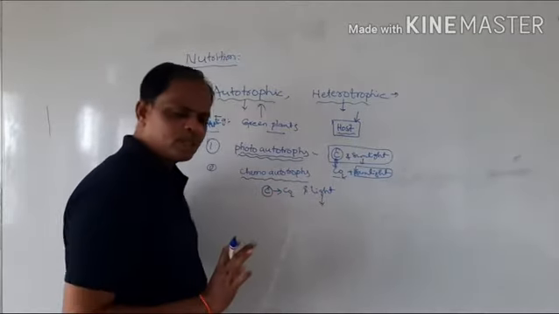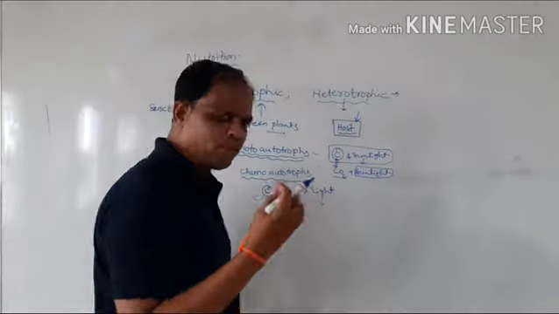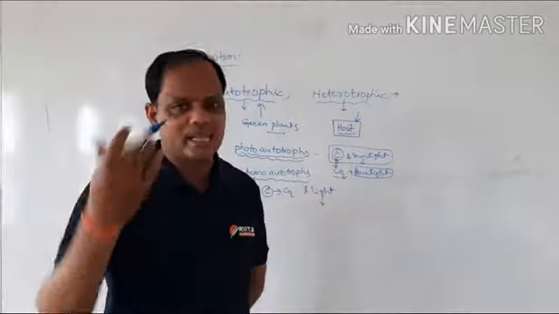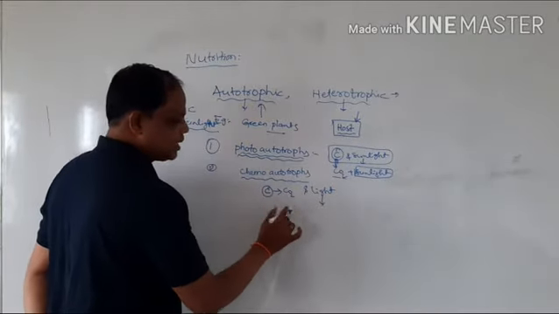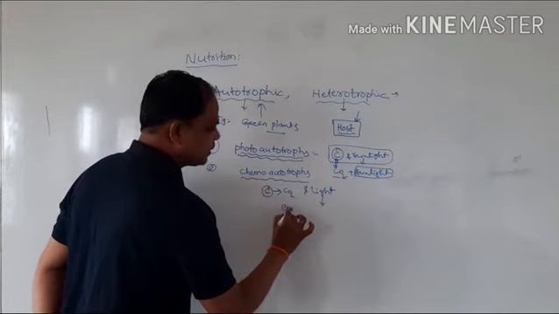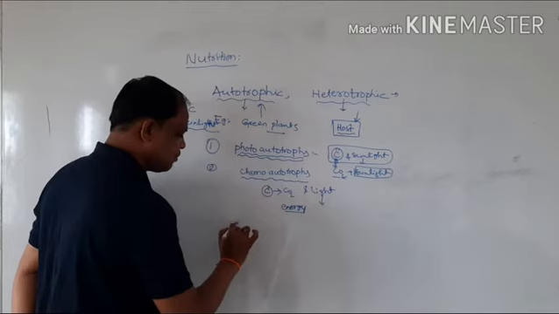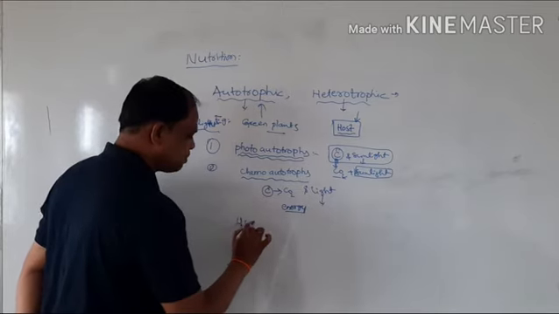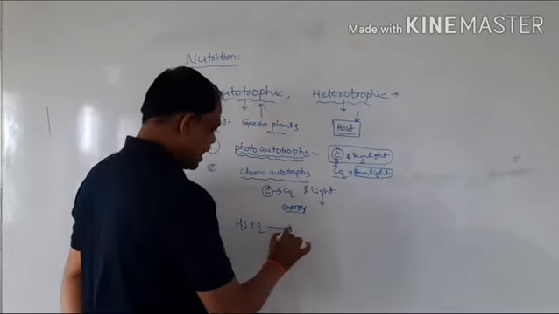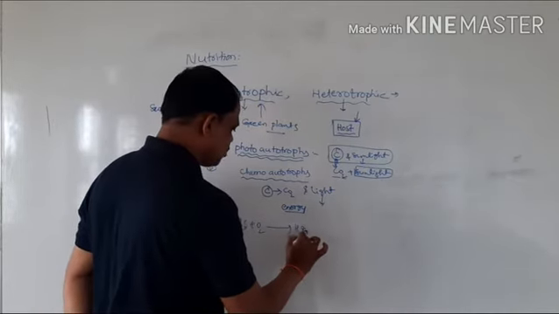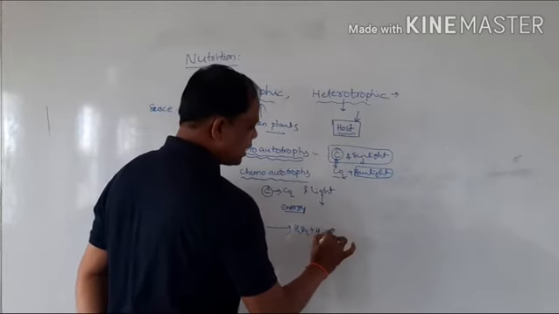In all the cell organelles there are a number of metabolic oxidizing reactions, and these reactions release some energy. For example, H2S plus oxygen in the presence of Thiobacillus gives H2SO4 plus water molecules and energy.